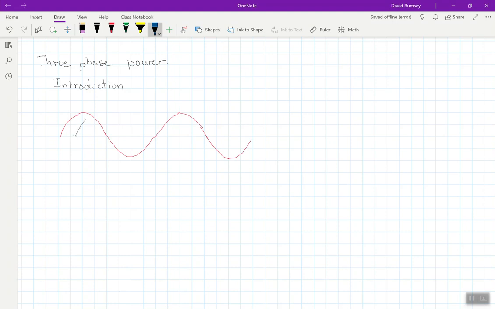Just trying to be careful when sketching these so that we can get a relatively accurate looking graph.